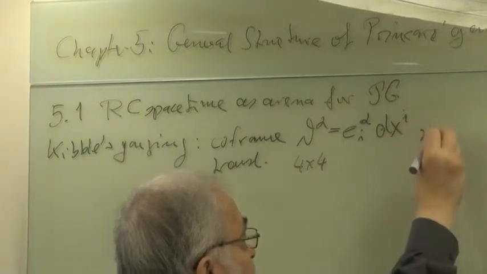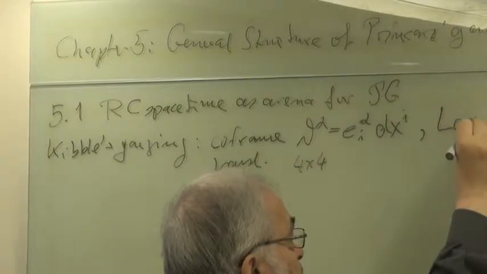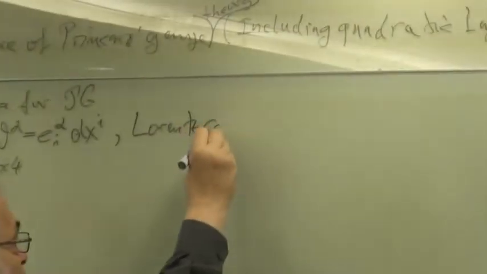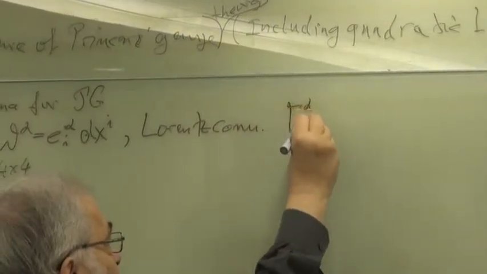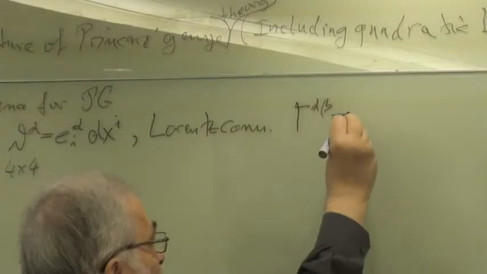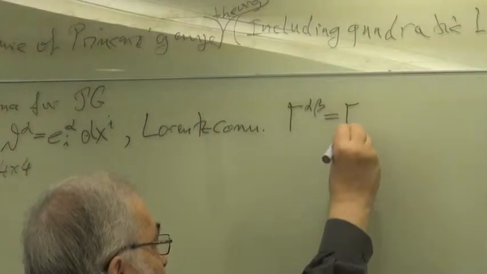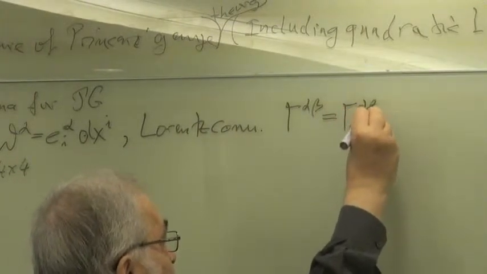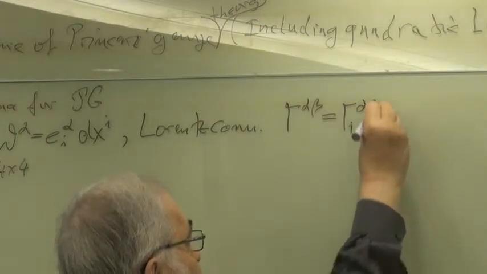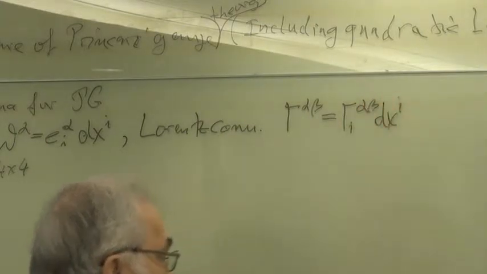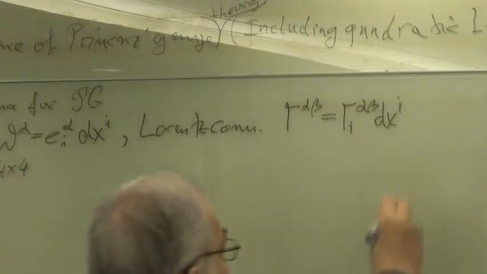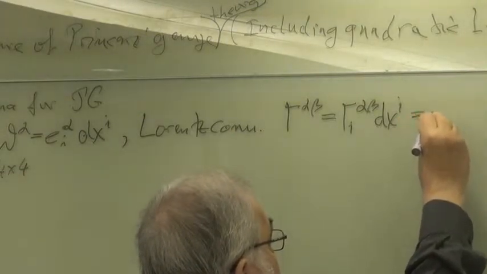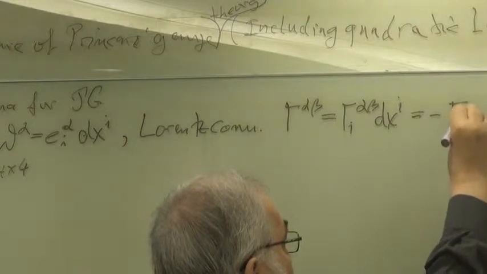So we have the connection, the Lorentz connection, and this is gamma alpha beta, it's a one-form, equals gamma_i alpha beta dx^i if we develop it again in a natural basis, summation over i. Of course i, j, k are coordinate indices, alpha, beta are frame indices, and since it's a Lorentz rotation, it's minus gamma beta alpha.